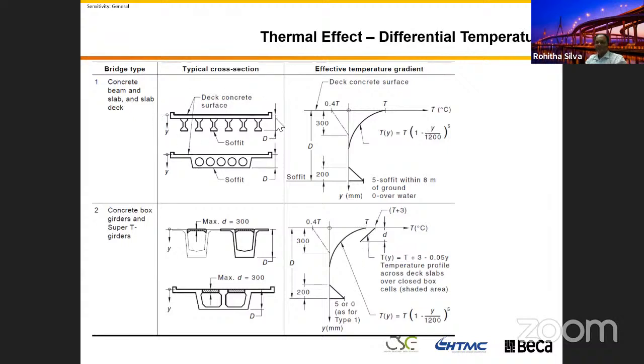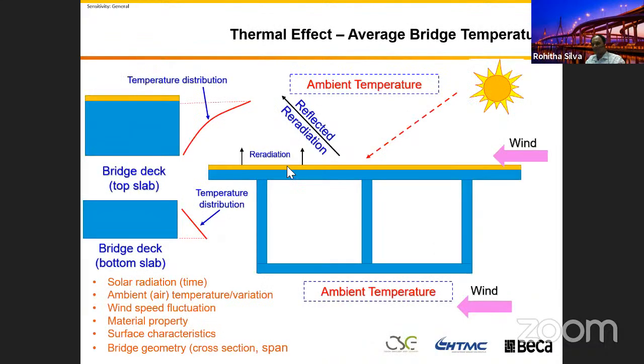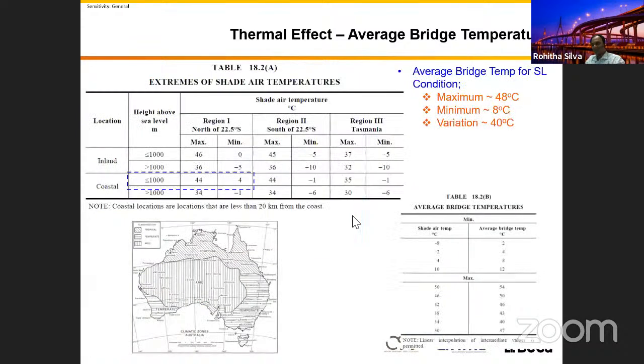This is, for example, for concrete I-girder bridges, or closed-form or box girder bridges. This temperature distribution, you can see, is a parabolic variation. The variation is within the top 300 millimeters of the thickness of your deck, because beyond 300 you don't have this temperature distribution in the thickness of your deck.